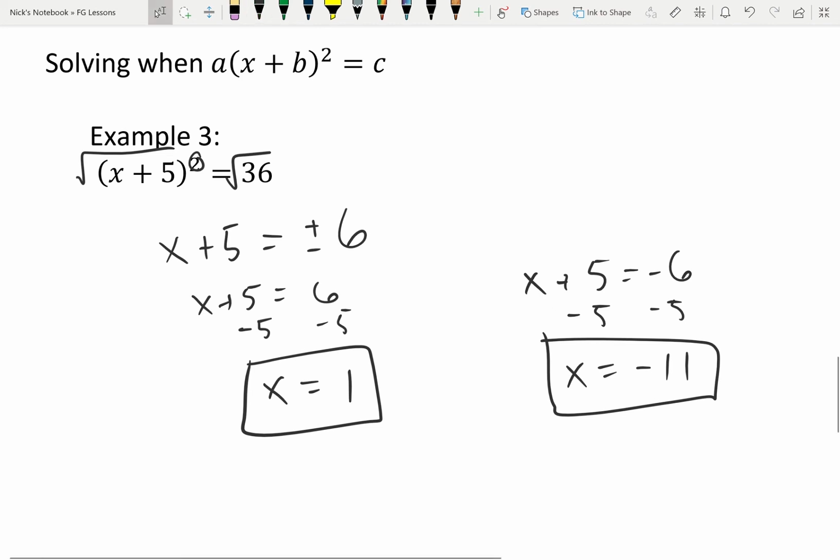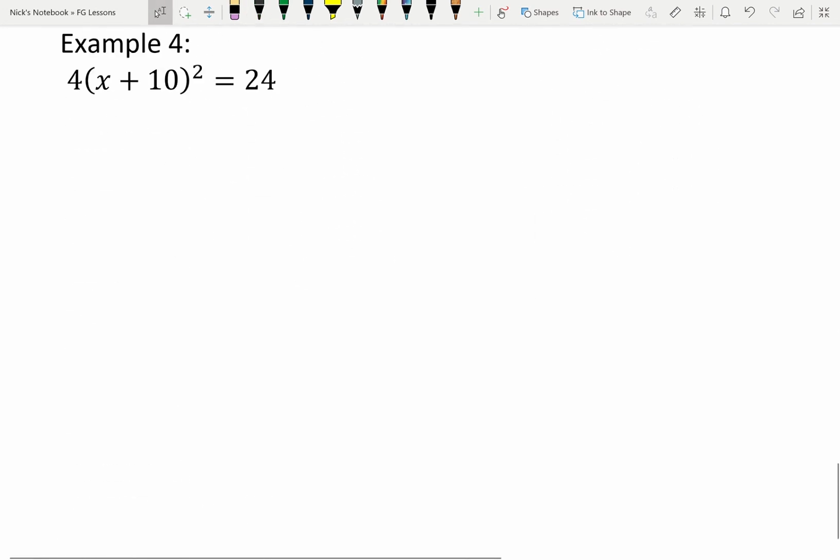Pretty straightforward there. Example 4. Now this is where it gets pretty fun, and this is our last example as well. We can't take the square root just yet. I suppose we could, but that's not going to be the easiest right off the bat. If we had 4y equals 24, we would know right off the bat that the opposite of multiplying by 4 is to divide by 4.